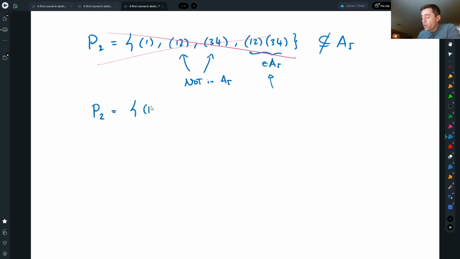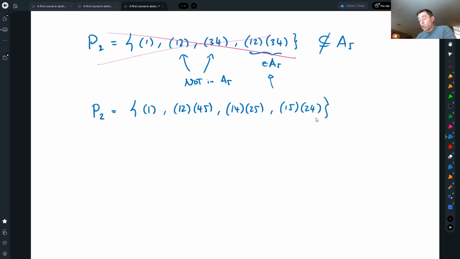And it turns out that (1 2)(4 5), (1 4)(2 5), and (1 5)(2 4) are elements of order 2, each one of them. This is isomorphic to Z mod 2 cross Z mod 2, so there's no element of order 4.